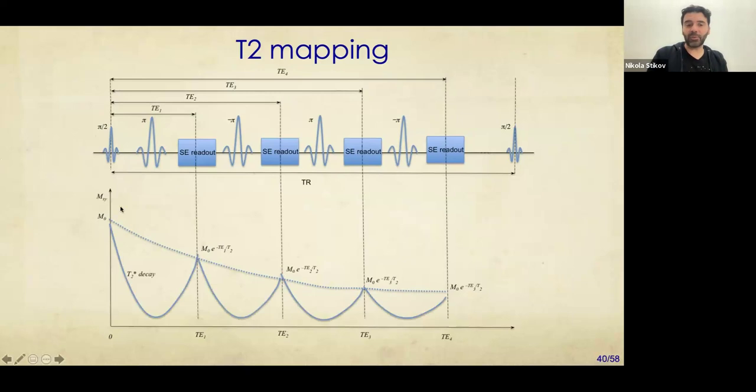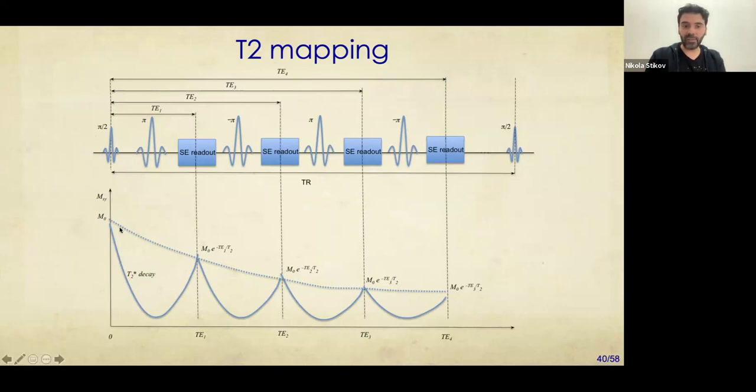So basically, this is what you're doing. There's T2 decay that looks like this. That's what you want to measure. But then there is this issue called T2 star decay that I just showed you how it happens, and it's really, really fast. So if you want to not account for this T2 star decay, you have to image here. But the hardware makes that very difficult.